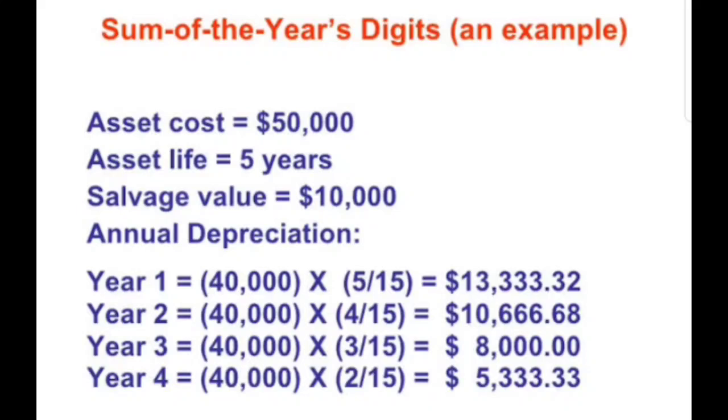Then in year 3, 40,000 into, now the asset is left over for the next 3 years. Now 40,000 multiplied by 3 over 15, and we shall have $8,000. Now this is the method used for calculating depreciation under sum of the year digits method.